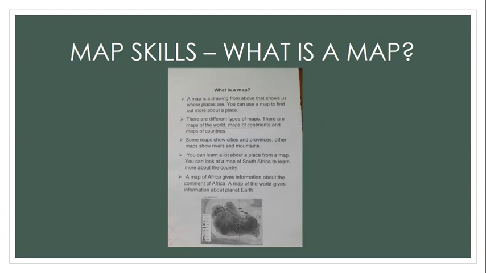We also learned what maps actually show us. They show us cities, provinces, and other maps can even show us rivers and mountains. Now, boys and girls, my notes are a bit faded, but these notes you were supposed to have stuck into your book and highlighted. By my recalling, we didn't have an activity for this lesson because it was just an introductory lesson.